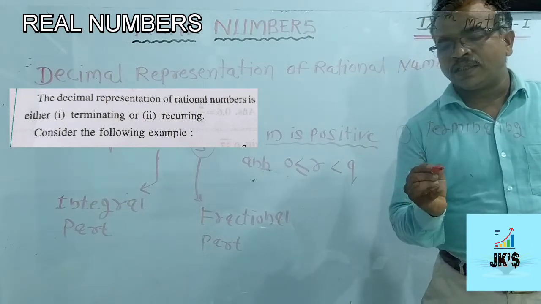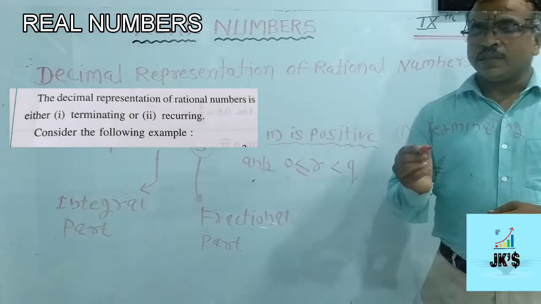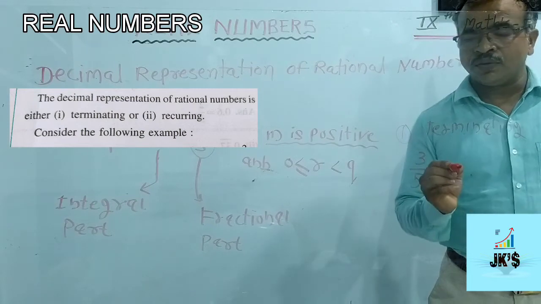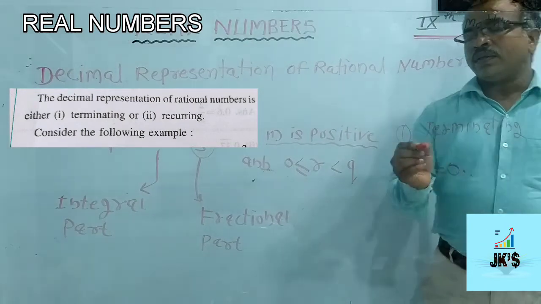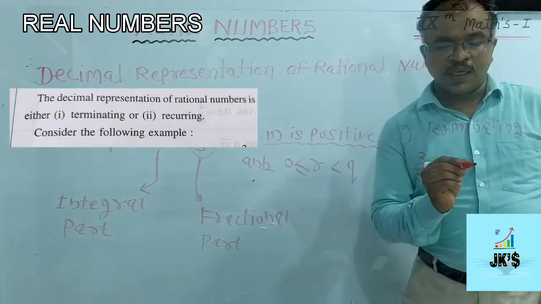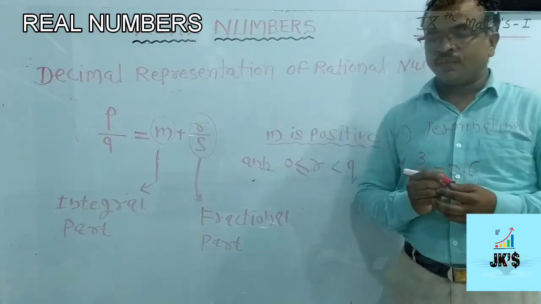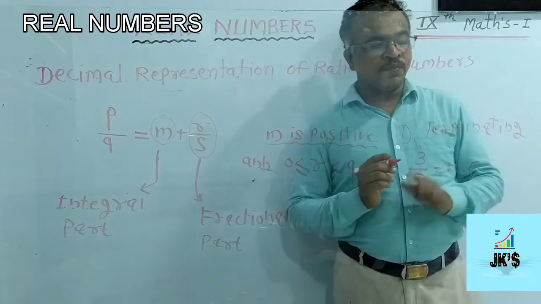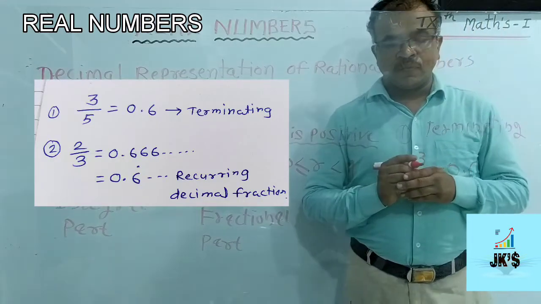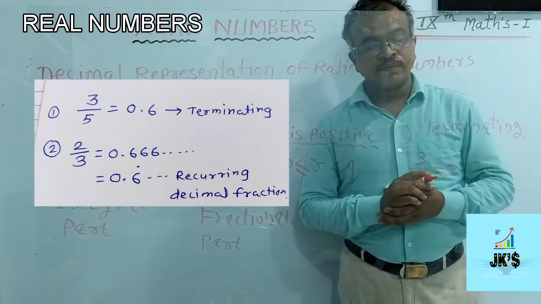When we divide 3 by 5, 3 is less than 5, so we take a decimal. Now 3 becomes 30, 5 sixes are 30. It means the remainder is 0. This division process gets completed. Hence it is a terminating decimal.